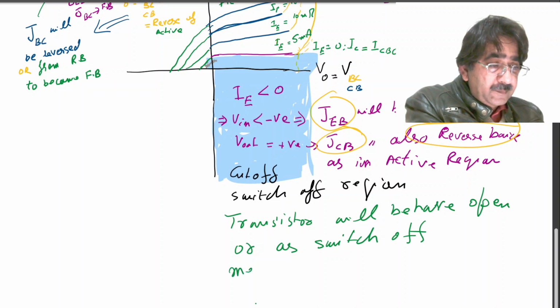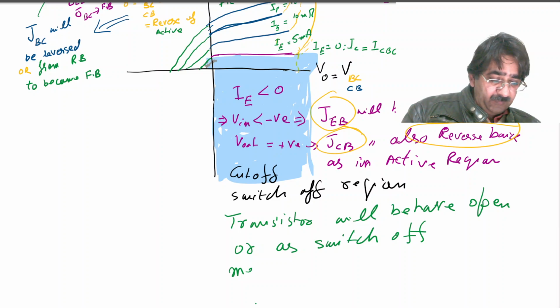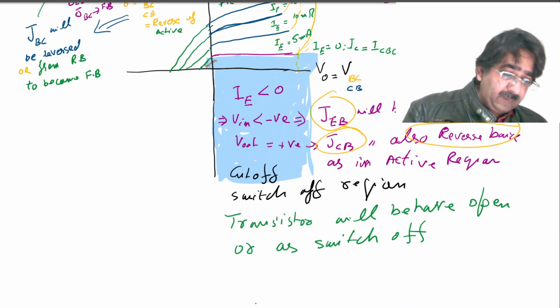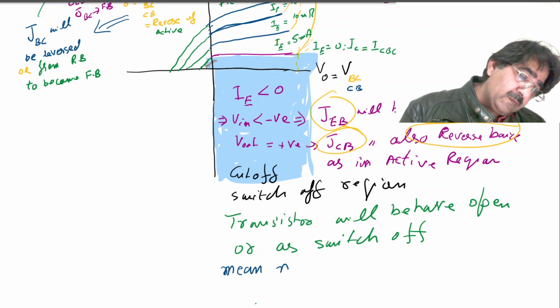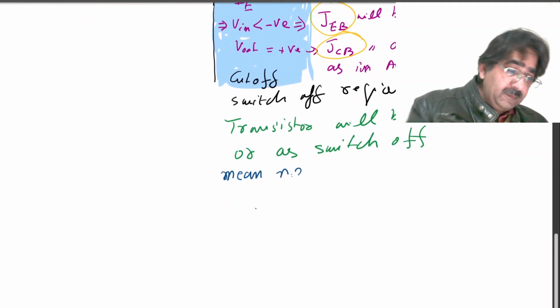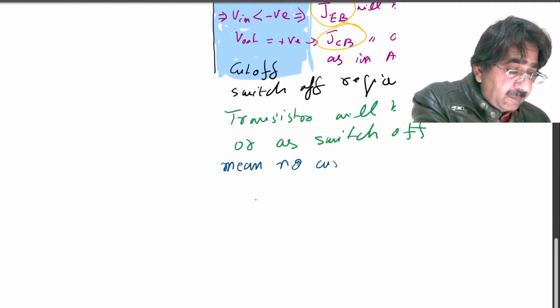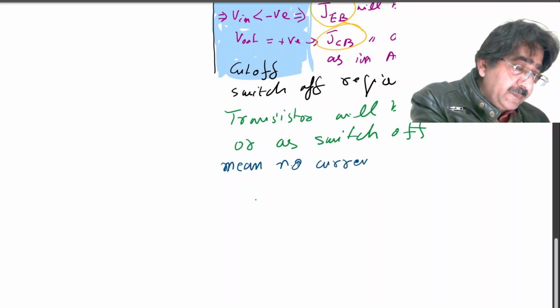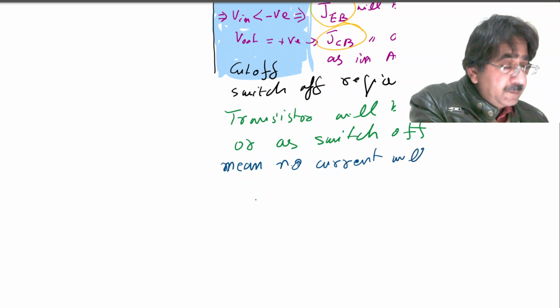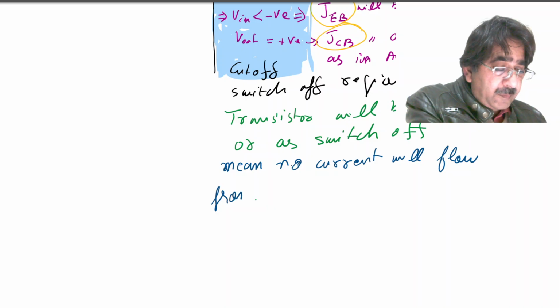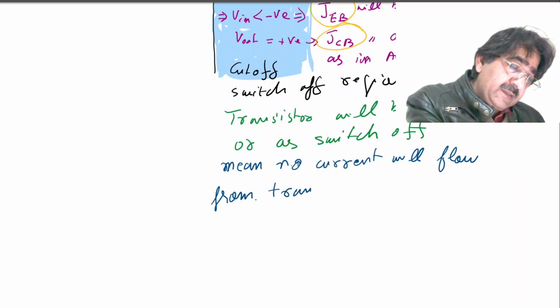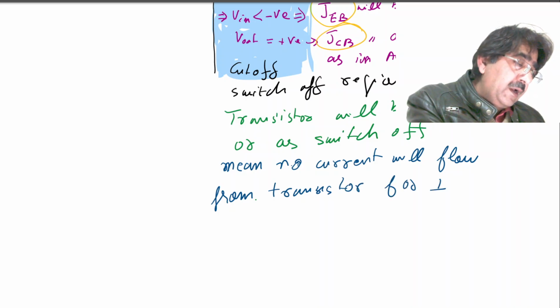Meaning no current will flow from the transistor for IE less than zero.